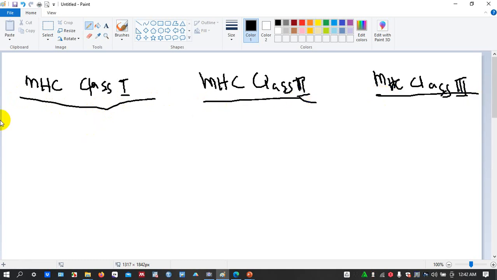The class 1 is found in all nucleated cells.